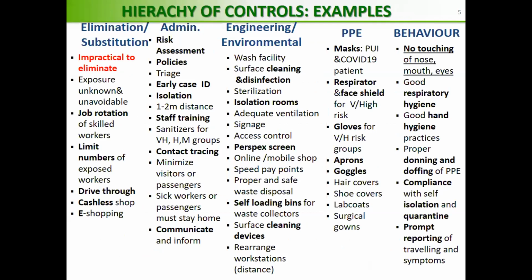I'm not going to go through this whole list, but it lists all possibilities that you can apply in your workplace to fit within your mitigation strategies. But taking into consideration that you should follow all steps of the hierarchy of control, from elimination to administrative control, environmental or engineering, PPE or behavior.